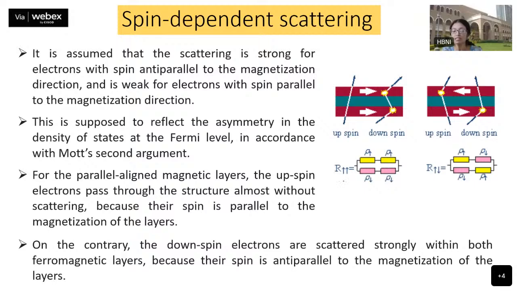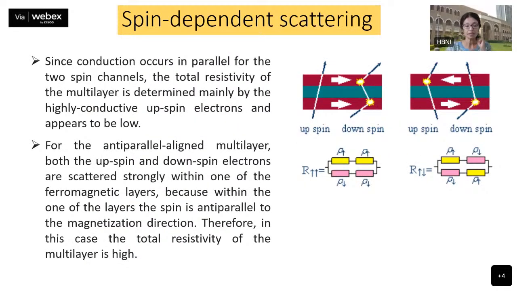This is for the parallelly aligned magnetic layers. So now let's see what is happening when we have R parallel. You have these two channels, one up and one down. In one case it is very smooth, in the other case there is a lot of scattering. Since conduction occurs in parallel for the two spin channels, the total resistivity of the multilayer is determined mainly by the highly conductive upspin electrons, and appears to be low.